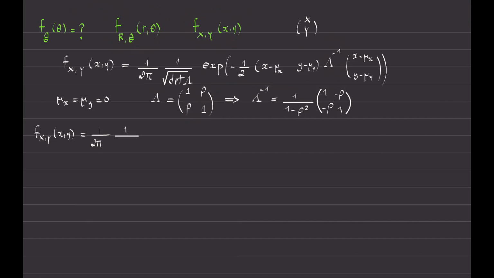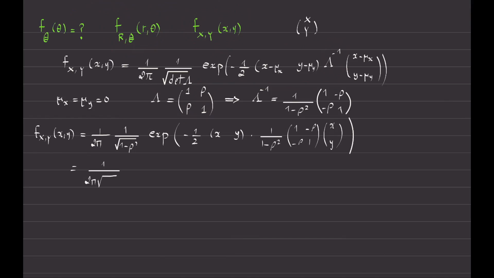The determinant of lambda is 1 minus rho squared, so I have to take the square root of 1 minus rho squared, and then multiplied by exponential minus a half, but mu x and mu y are both equal to 0, so that is just simply this matrix, and then multiplied by the lambda inverse, which is 1 over 1 minus rho squared, times the matrix 1, minus rho, minus rho, 1, and then you multiply it by x and y as a column vector here. Okay, and if I want to simplify this a little bit, this becomes 1 over 2 pi square root of 1 minus rho squared.